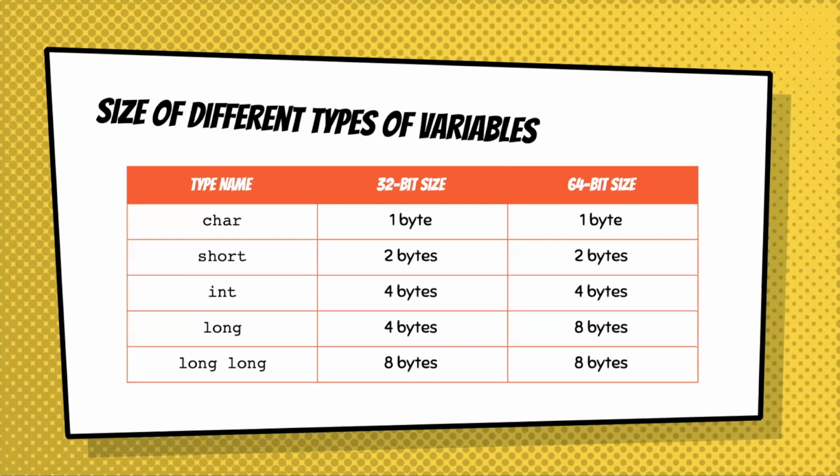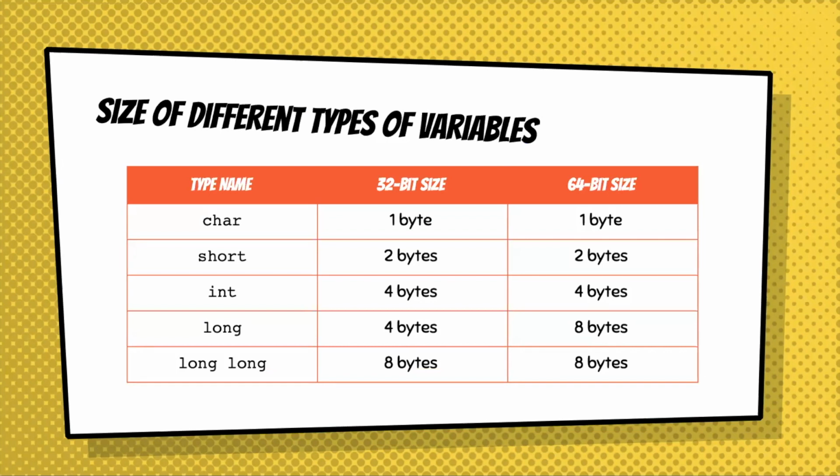Now let's talk about different types of variables. You may have already known this in your C class, but I just want to emphasize it because we're going to use this knowledge throughout our session. There are different types: character, short, integer, long, and long long.